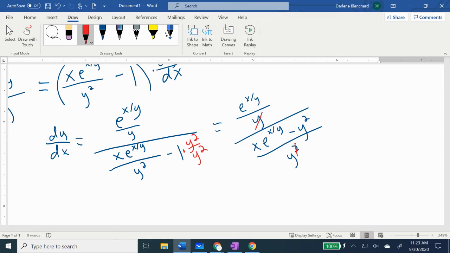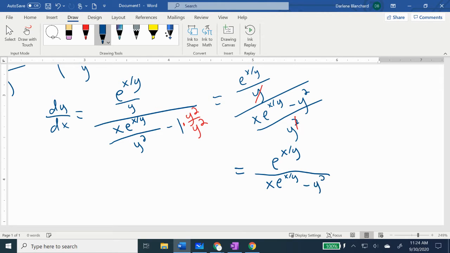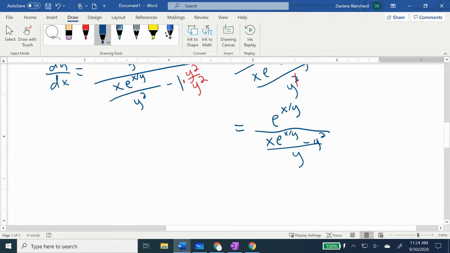So now I can write this as just e to the x over y for the numerator, and in the denominator I have x e to the x over y minus y squared over y. And I can multiply by the reciprocal because of what I'm showing you.